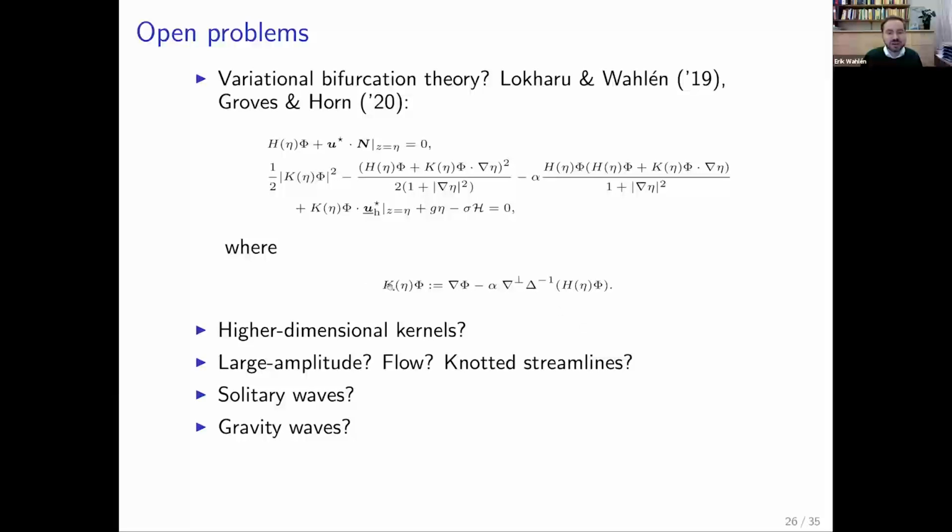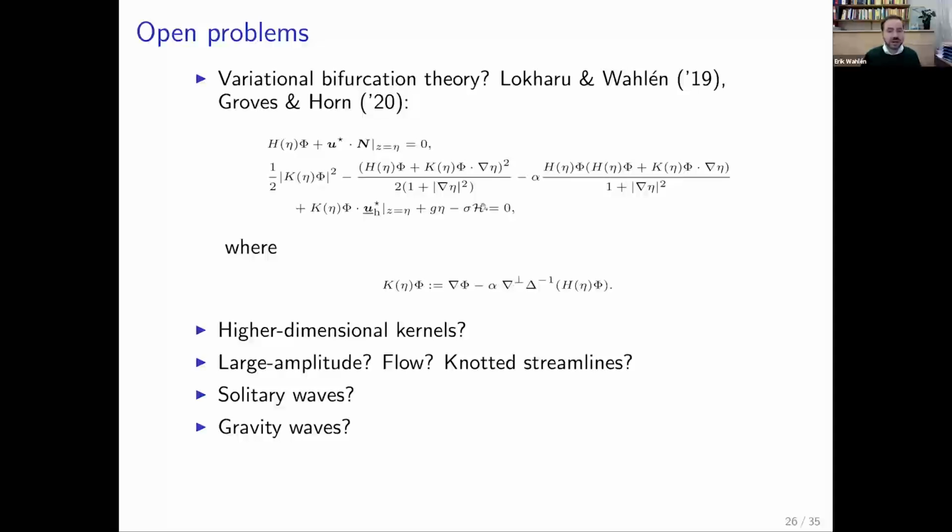But here you can think of this operator K as a sort of generalized Dirichlet-Neumann operator. H is a generalized Dirichlet-Neumann operator, and then K is defined in terms of this operator. So in the irrotational case, when alpha is equal to 0, it reduces to what has been done by Craig and Sulem.